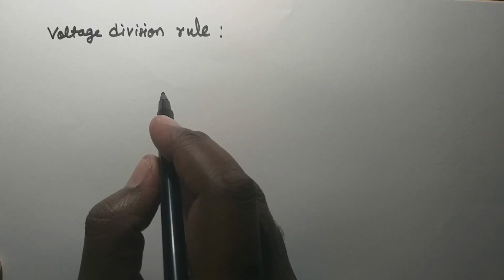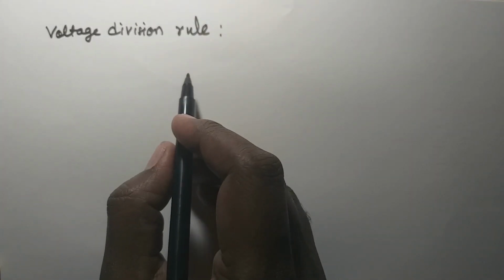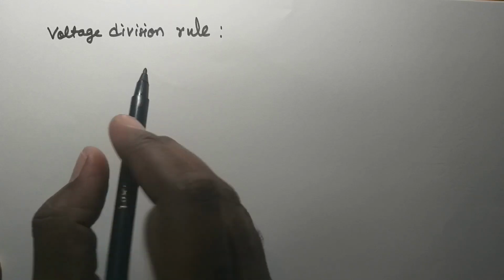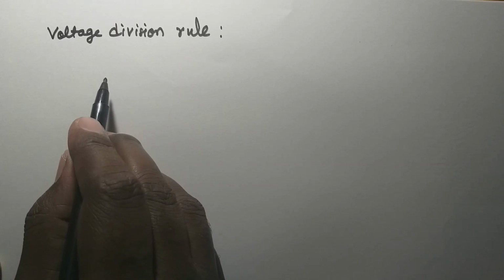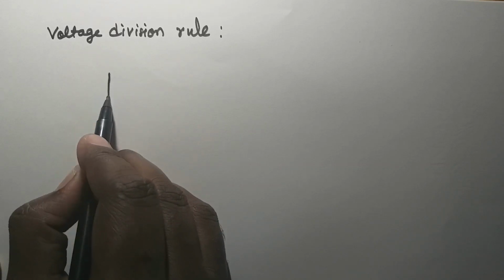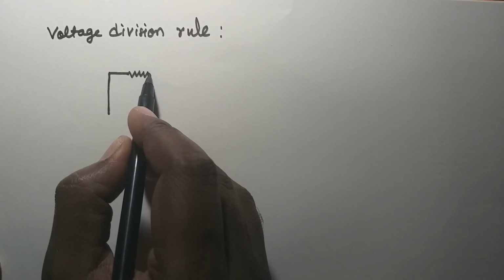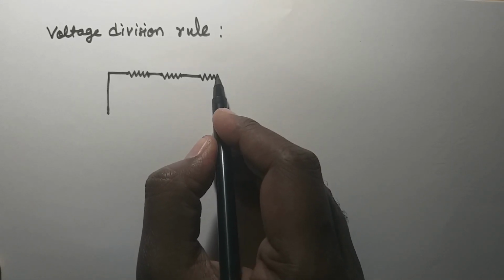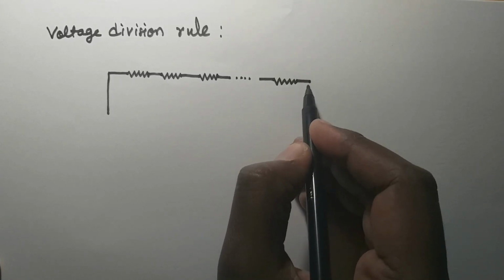So the voltage division rule is simply a rule to give the voltage across any element in the circuit. So for example, if we take a circuit containing n resistances, up to the nth resistance.